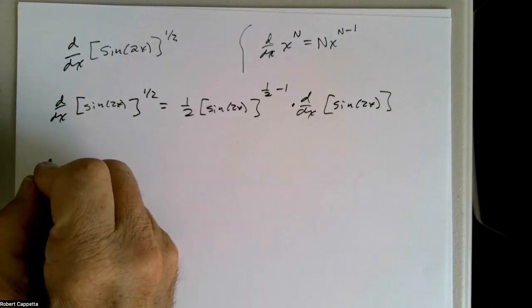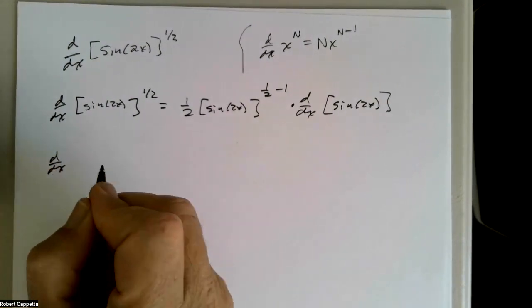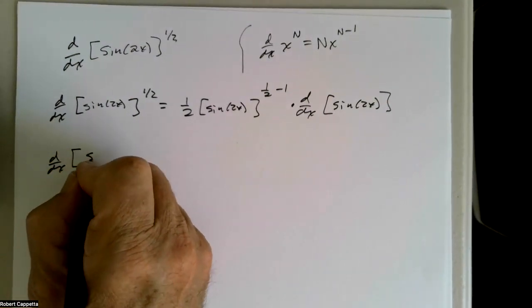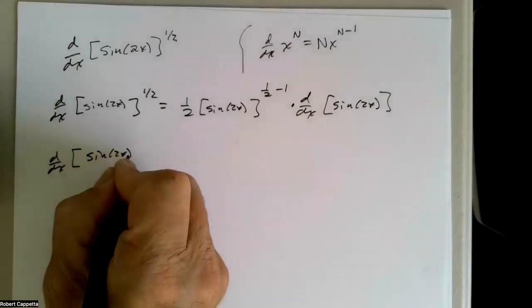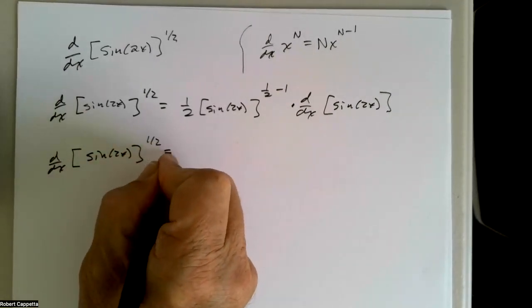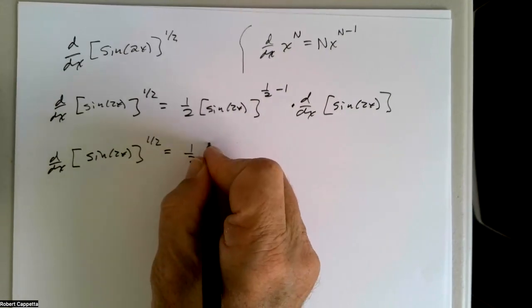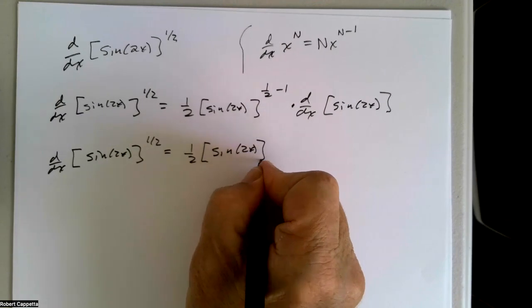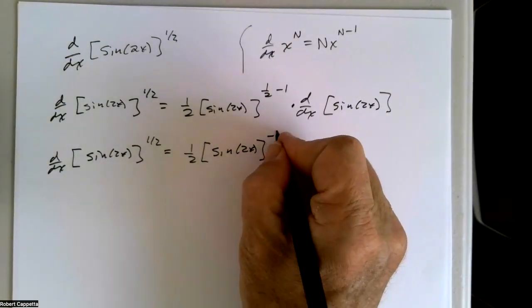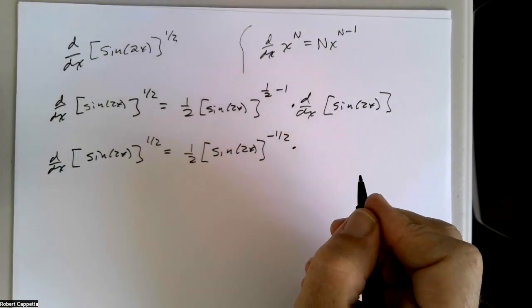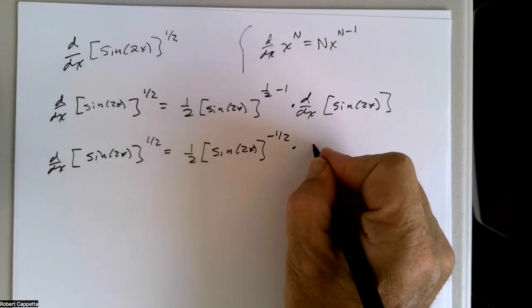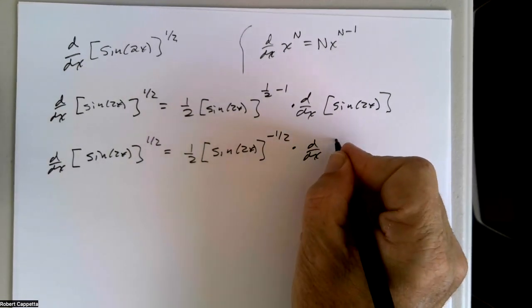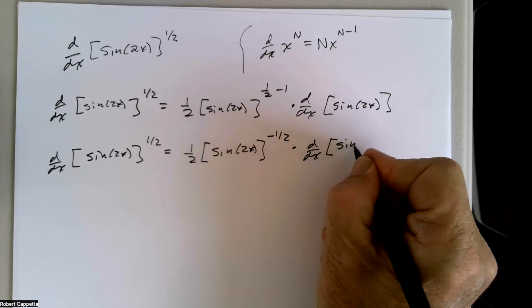So we continue and say the derivative with respect to x of sine 2x to the 1/2 power is 1/2 sine 2x to the 1/2 minus 1, to the negative 1/2, times the derivative of the sine of 2x, which you need to think about, because that is going to require another chain rule.